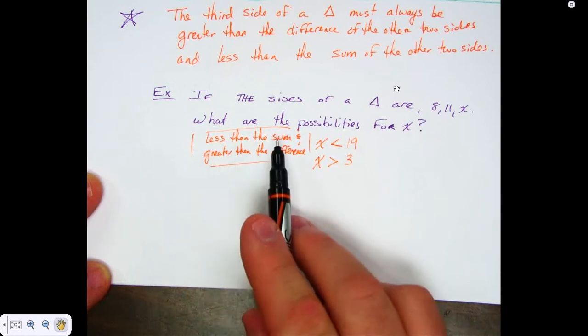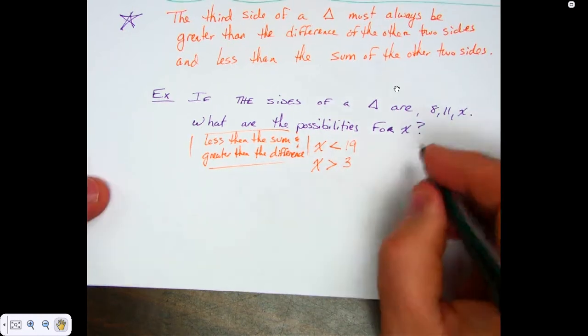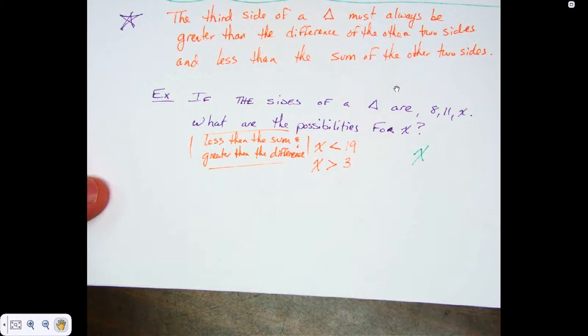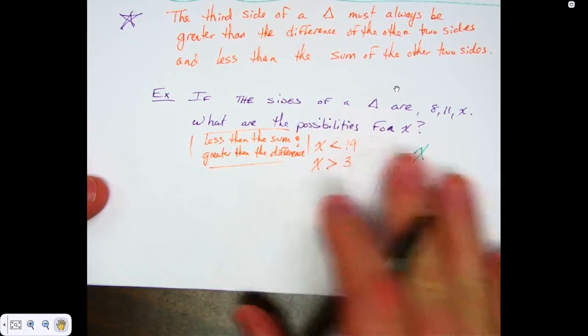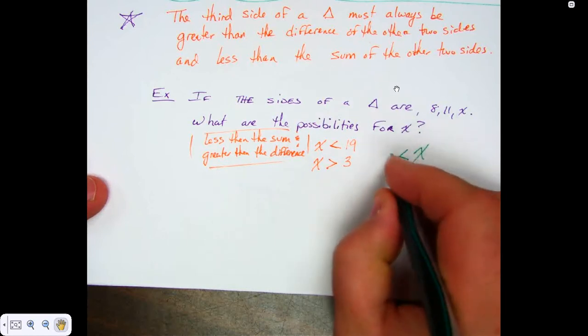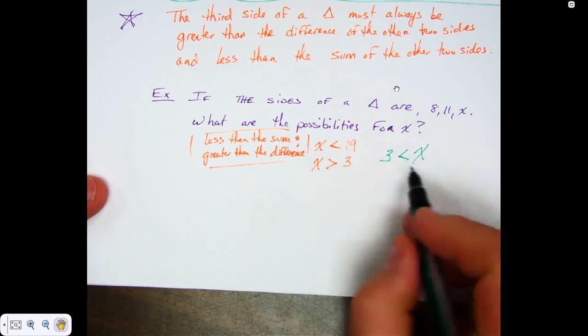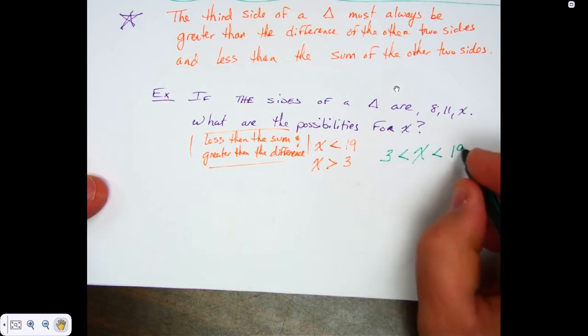You guys remember how to do that from algebra? Basically you've got x in the middle here, right? And usually you put your lower limit on the left, upper on the right. So x has to be greater than what? 3, and less than what? 19. That's how you should write your answer. See how it looks like it's between 3 and 19, doesn't it?